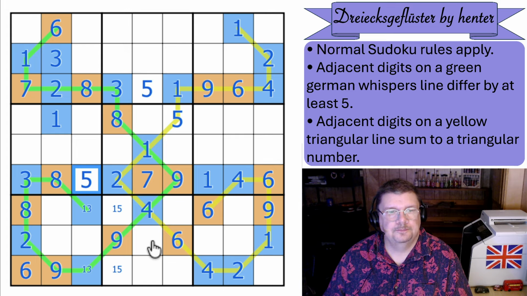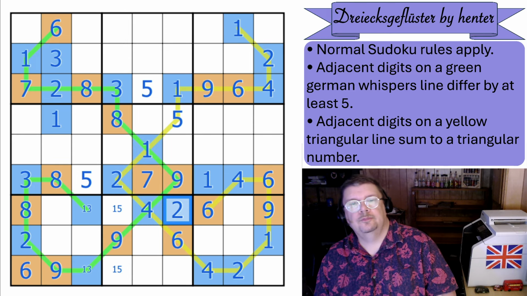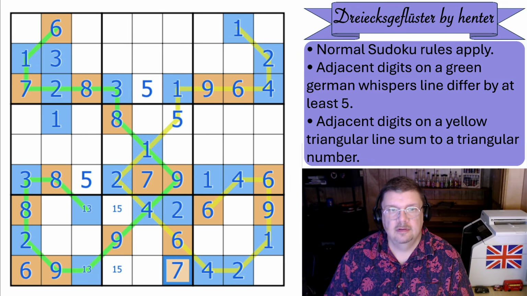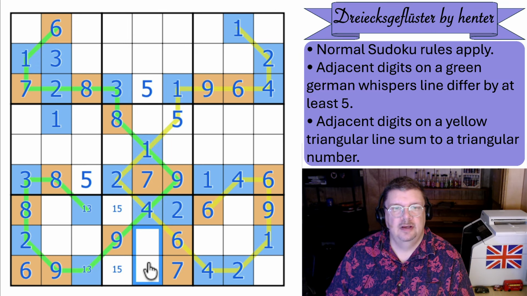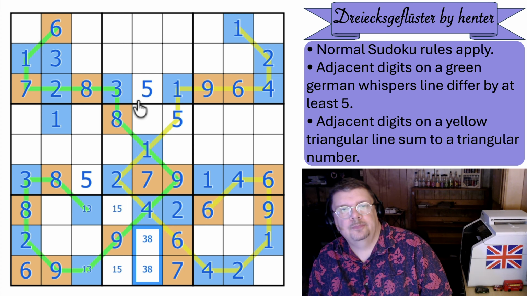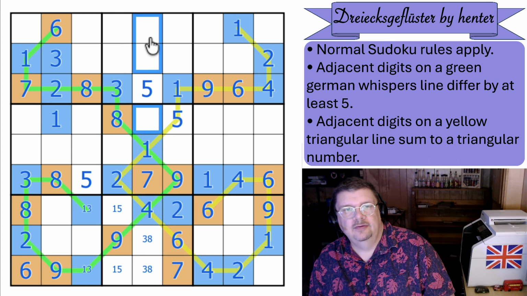Let's see. 2 in this box must go here. So these 3 digits, well, that one has to be a 7, and that makes these 8 and 3, and I don't think I know the order, but that makes these 3 digits 2, 6, and 5.